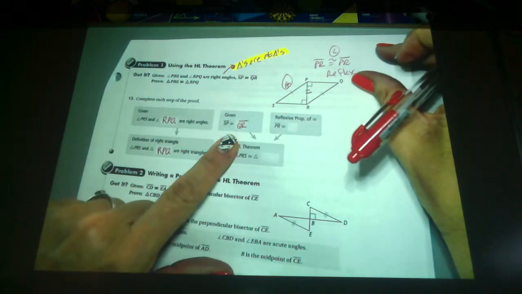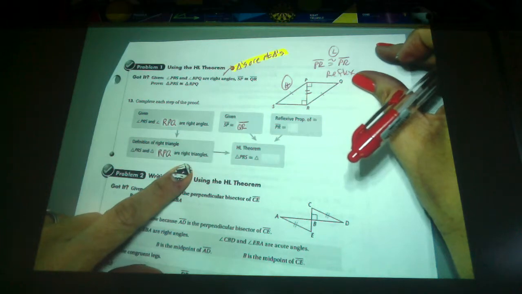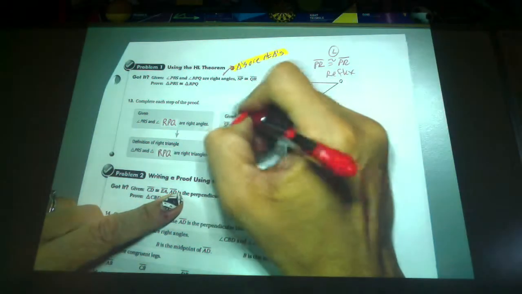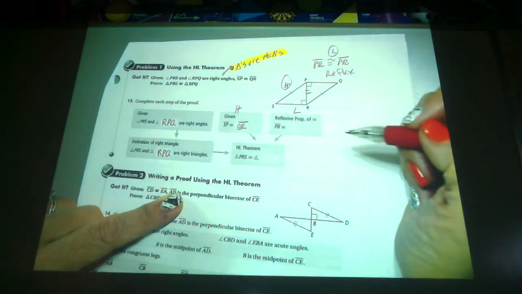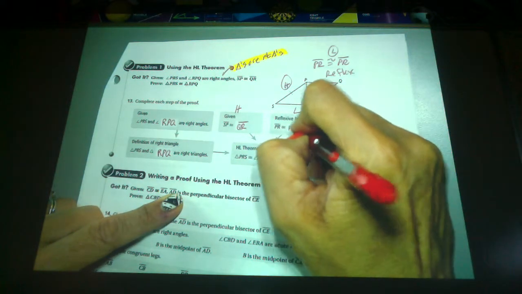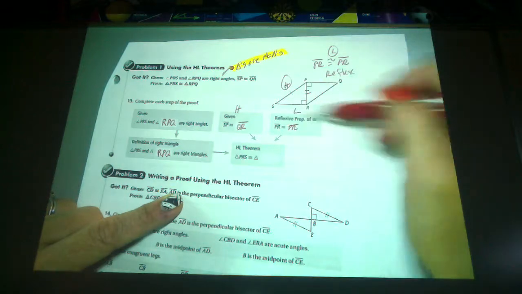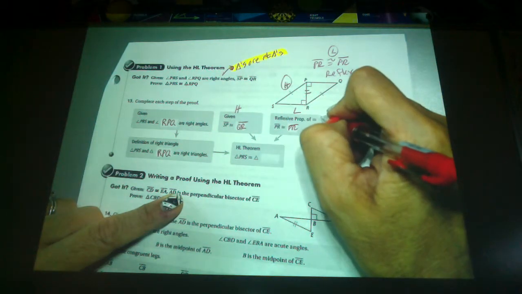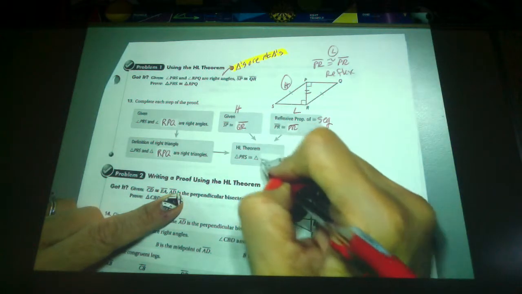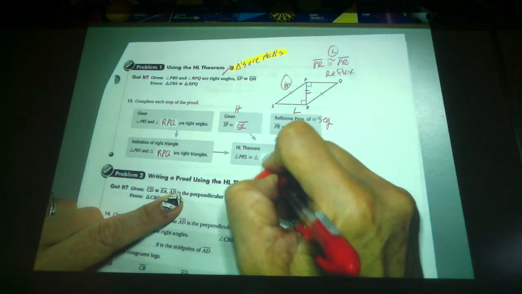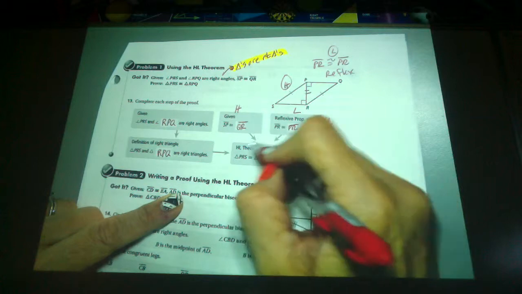So from the given and from the fact that we have a right triangle, this is giving us our H, this is giving us our L, we said that PR was congruent to PR, and they have the reflexive property of congruent. What are you going to add here? Segments. We can now prove the triangle is congruent, RPQ by HL.